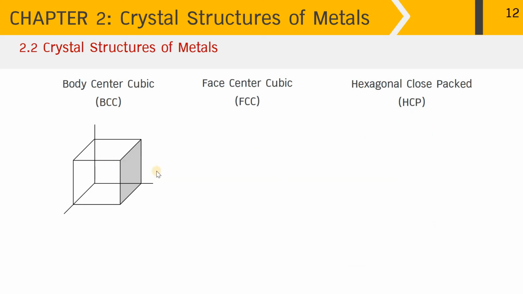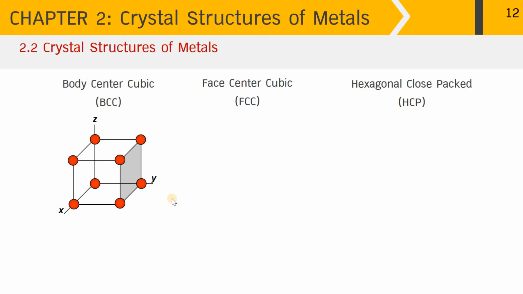First, the BCC structure. Seen here is a cube lying on the reference axes, which are X, Y, and Z. Here we have the atoms sitting at the corners: 1, 2, 3, 4, 5, 6, 7, 8.